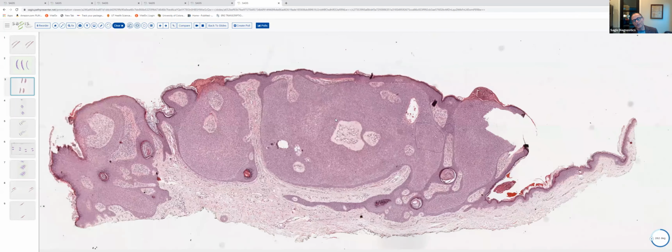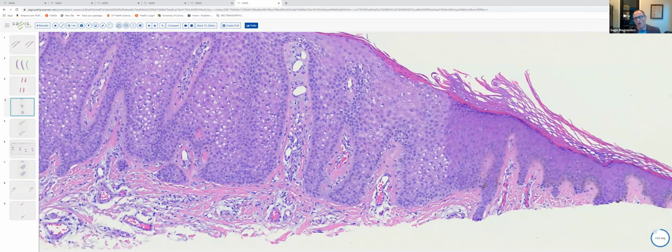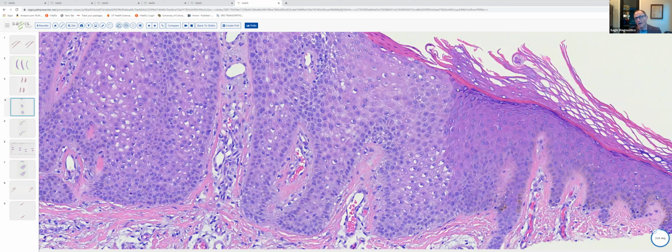If we move to higher power, we can see that the cells comprising the keratosis are clearly lighter staining than the adjacent epidermis. And indeed, there is a distinct transition zone between the darker staining keratinocytes of the adjacent epidermis and the lighter staining cells comprising this proliferation.